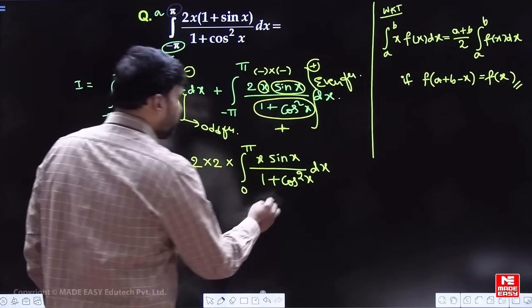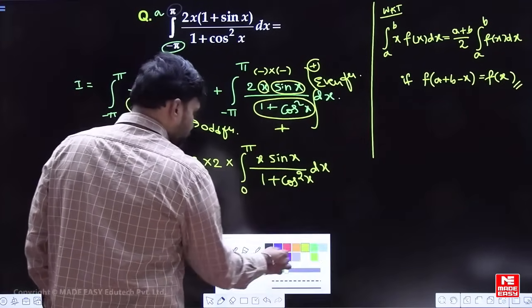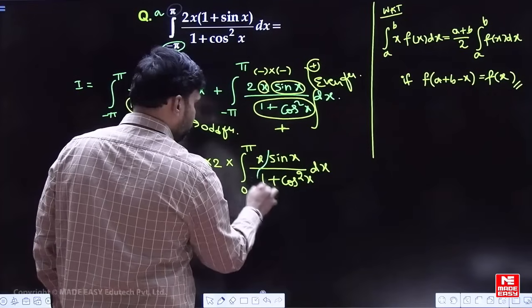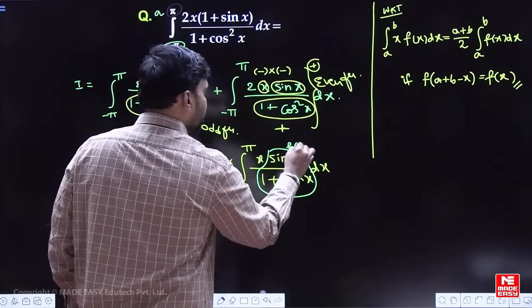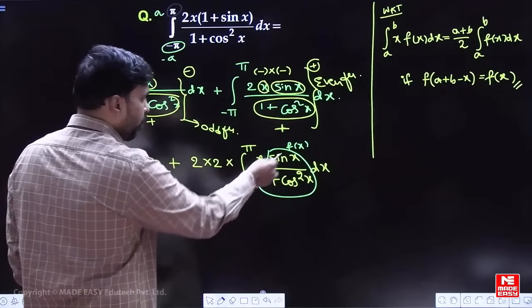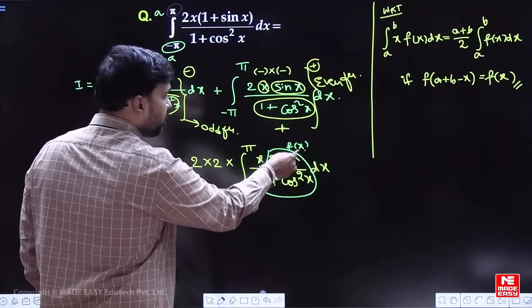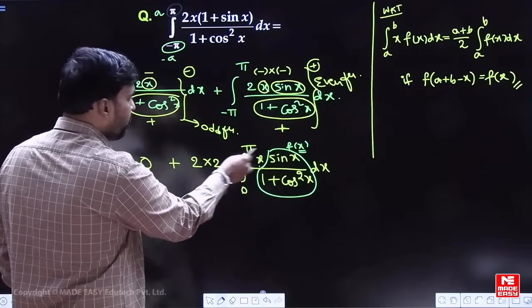So therefore let me check here. If this is my f of x, then I will substitute x by a plus b minus x.